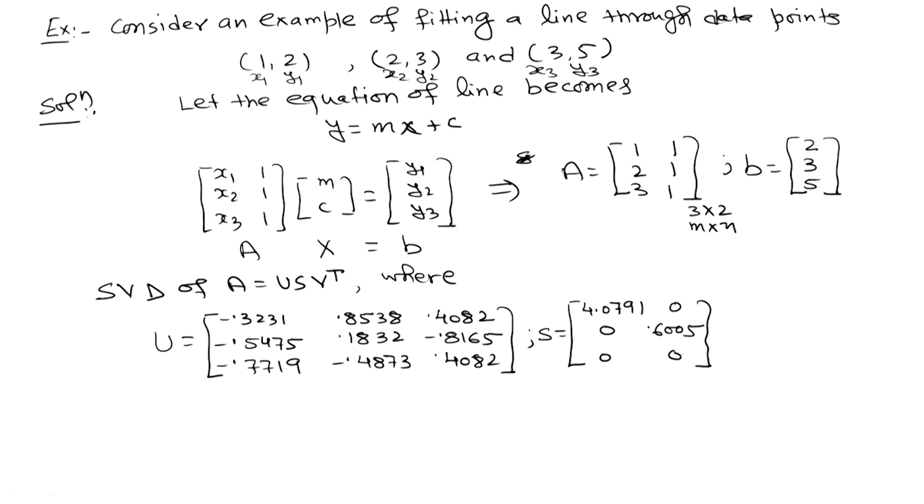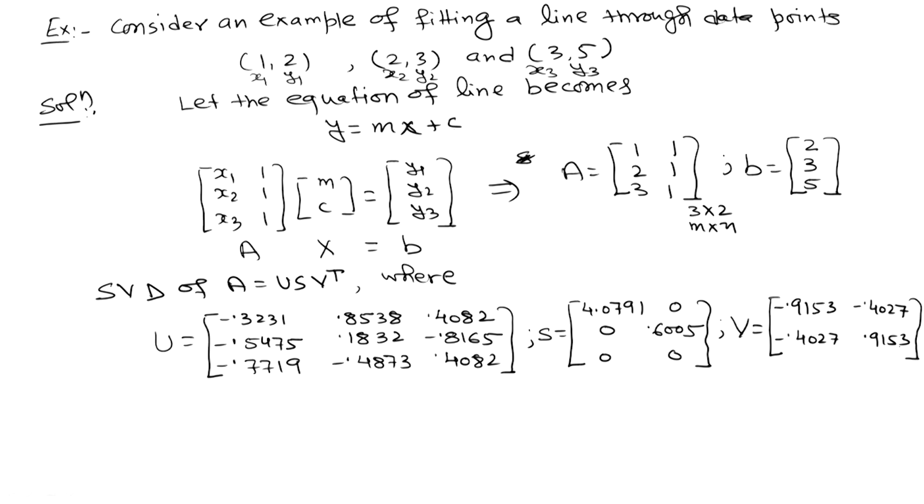So, this will be 3 minus 2, 1 row of 0. Finally V will be a 2 by 2 matrix. The entries of V will be minus 0.9153, minus 0.4027, minus 0.4027 and 0.9153.